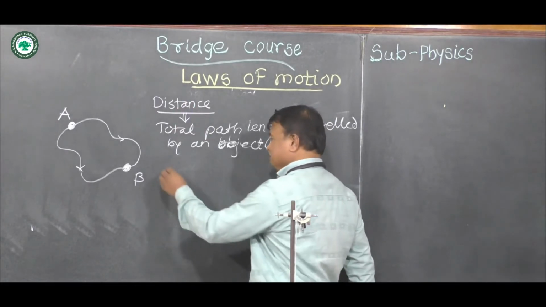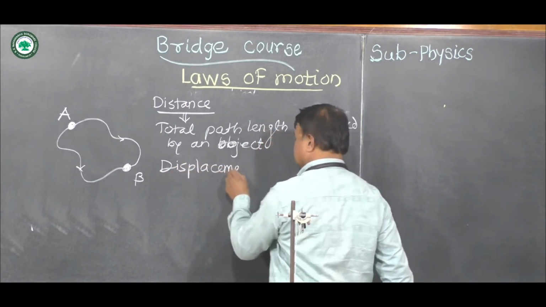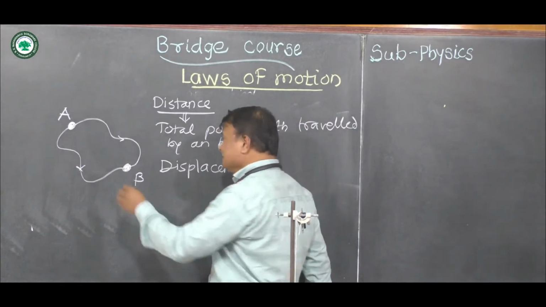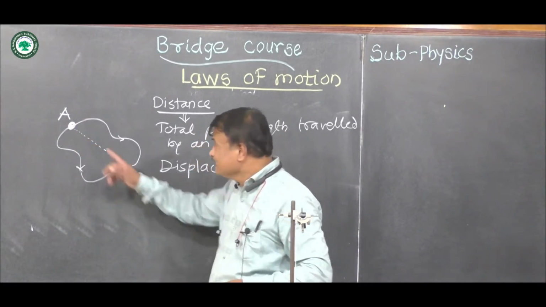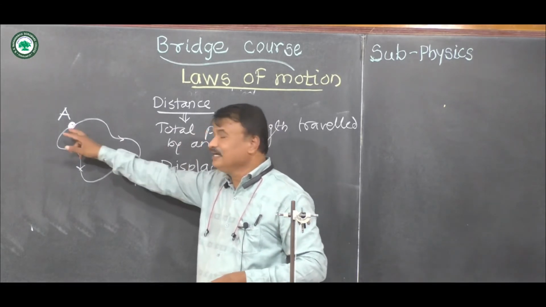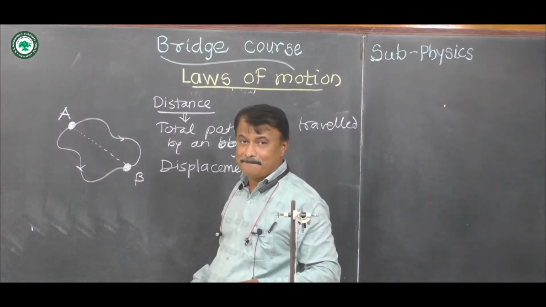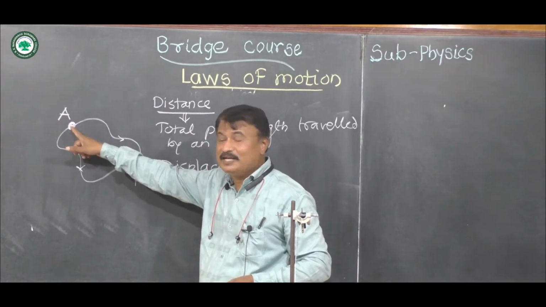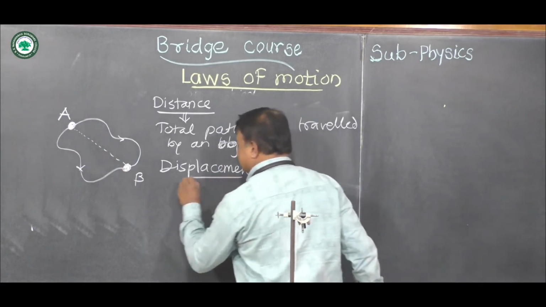Then what is displacement? Displacement is the shortest distance or minimum distance between the starting point and the end point. If you consider A as the starting point and B as the end point, then the shortest or minimum distance between the starting point and the end point is called displacement.